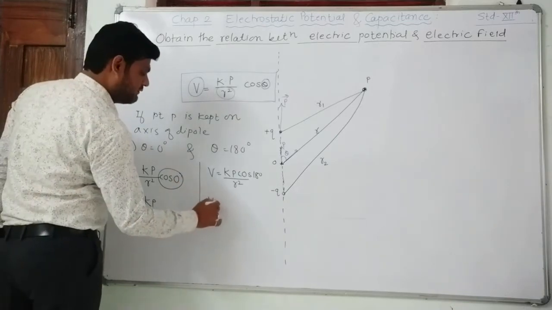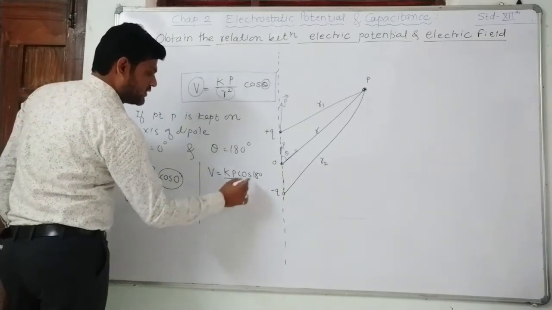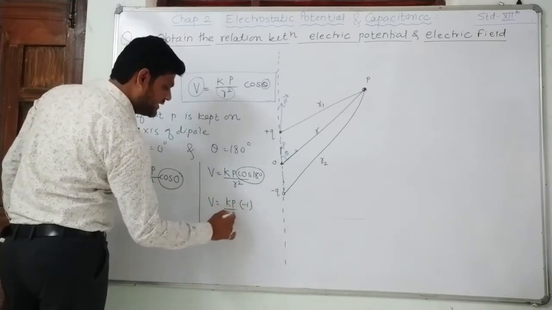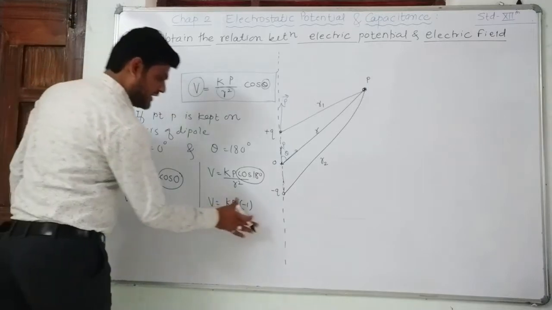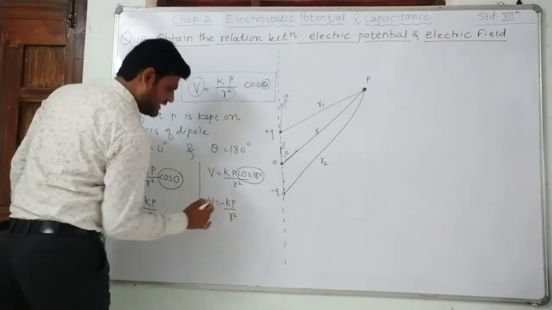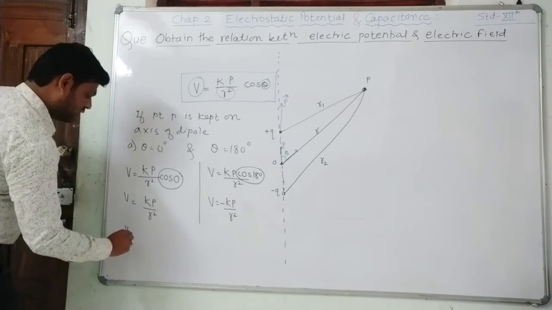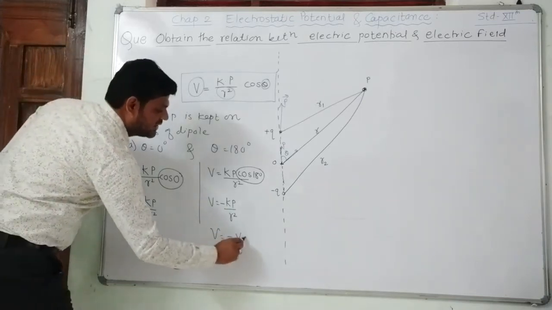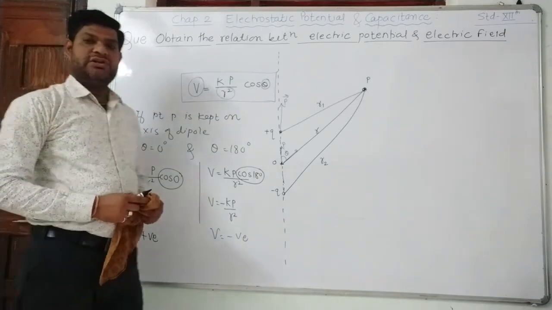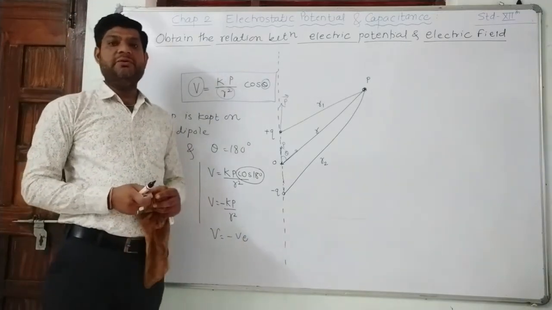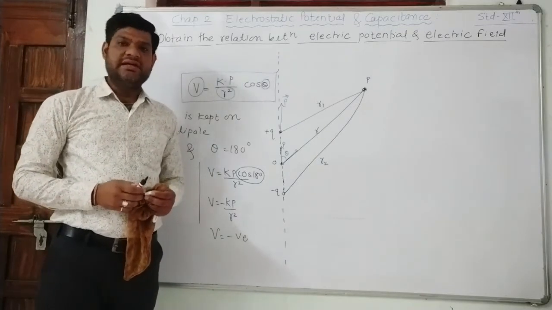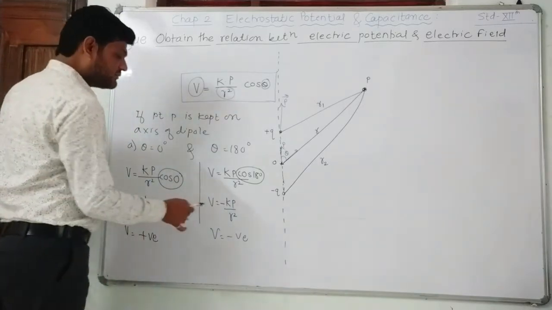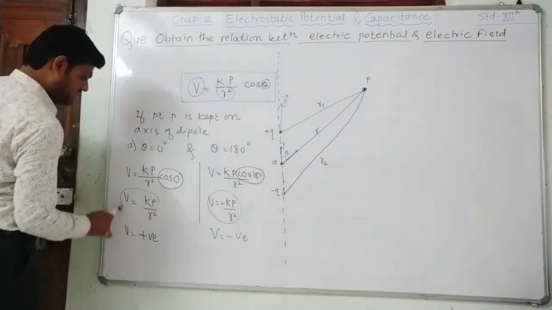Here cos 180 is minus 1, so minus Kp divided by R square. Here the potential is positive, here the potential is negative. As we studied, potential may be positive or negative, but potential is a scalar physical quantity.